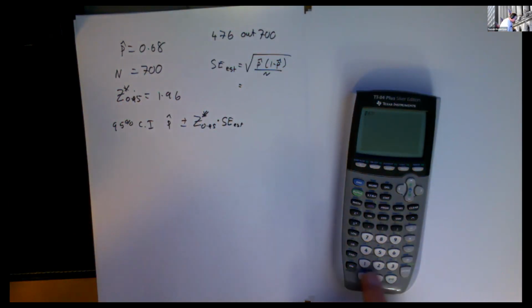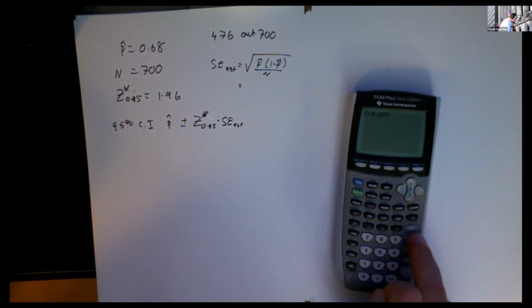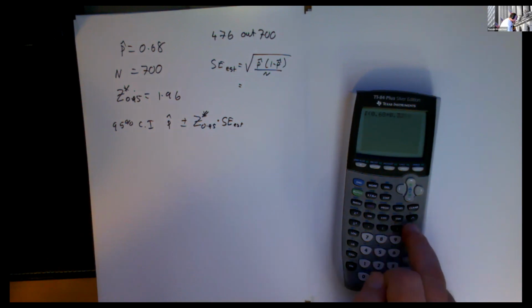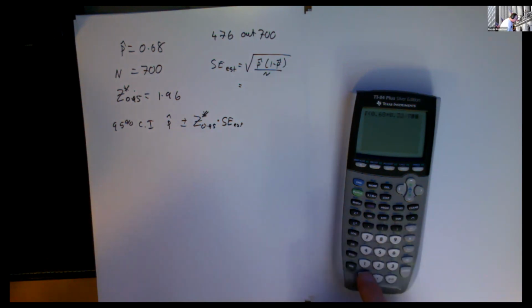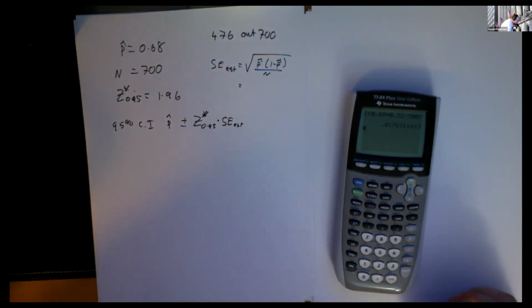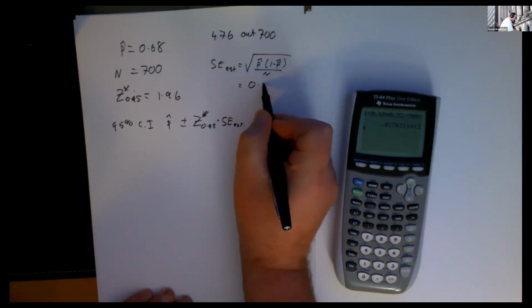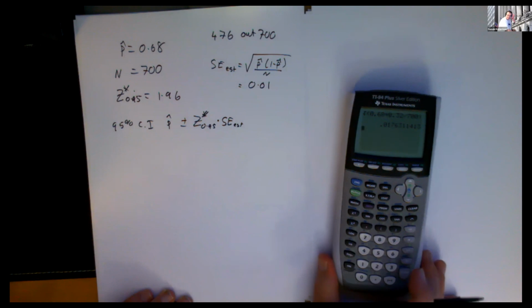Let's see, 0.68 times 0.32, all divided by 700 people. And I'm looking at 0.017. Oh, it's 0.018, isn't it?